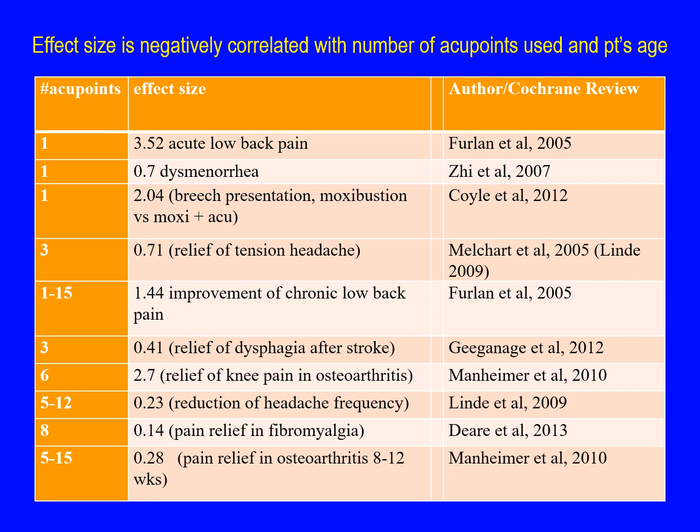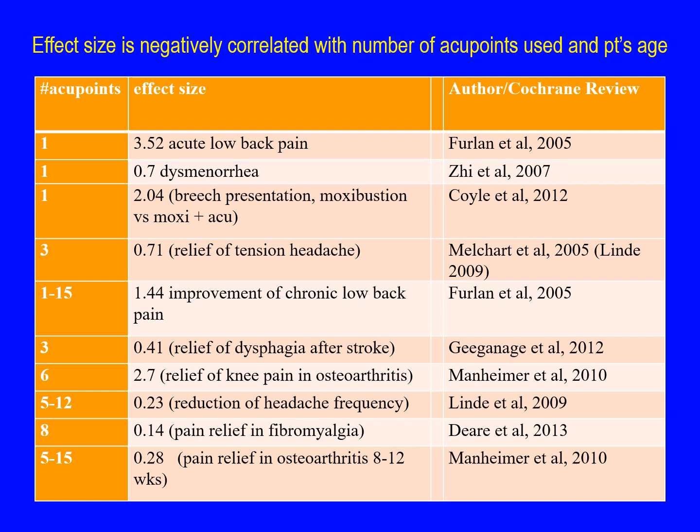In the case of treating acute low back pain, only 1 point, small intestine 3, was used in the trial, and the effect size was 3.52. And in treating dysmenorrhea, only spleen 6 was used, 1 point, and the effect size is 0.7.